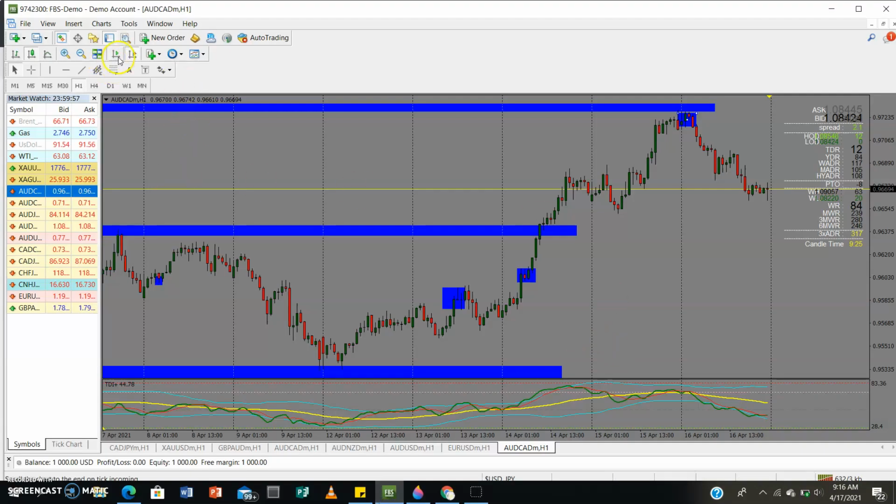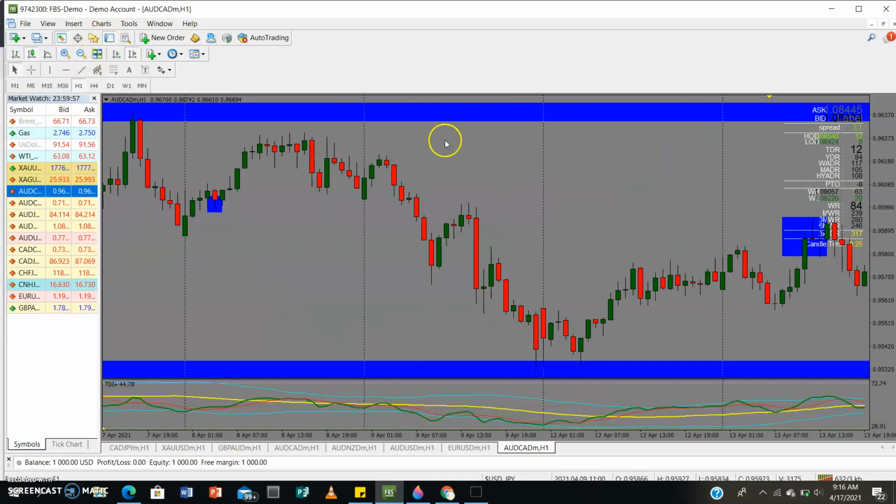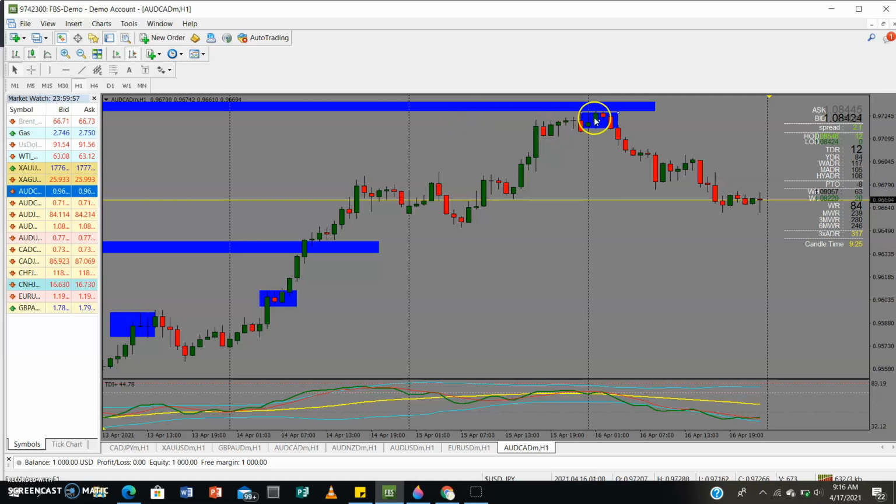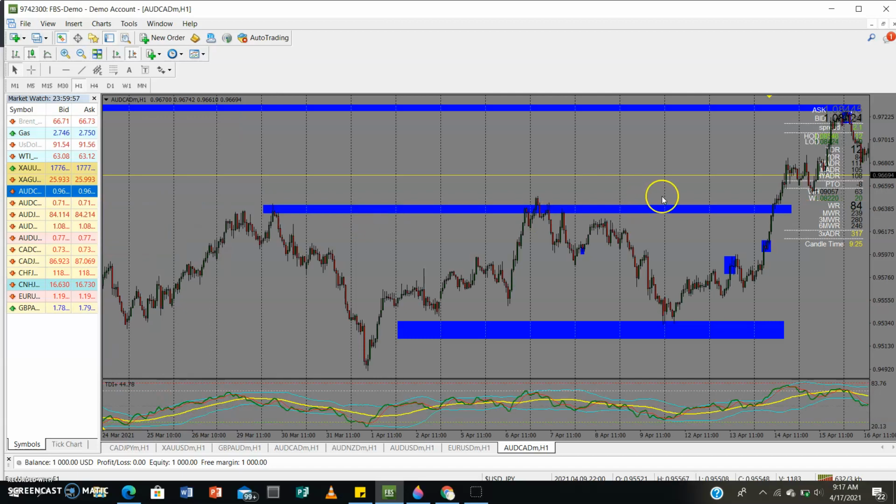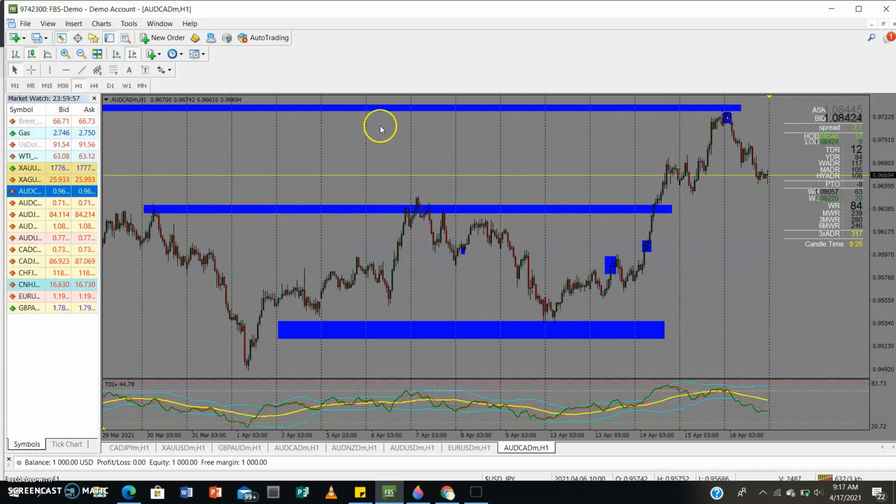Basically, I have one nice bearish inside candlestick here, which is this one with our big bullish candlestick, and then we have our small bearish inside candlestick. So this is called the bearish inside bar, right? And it happened right at the top of our market.